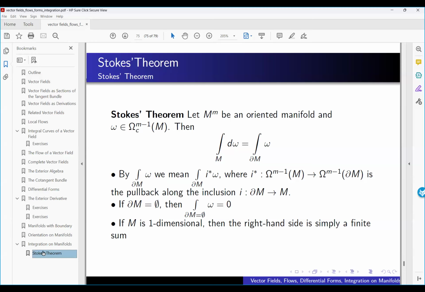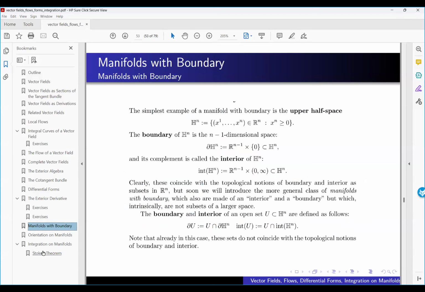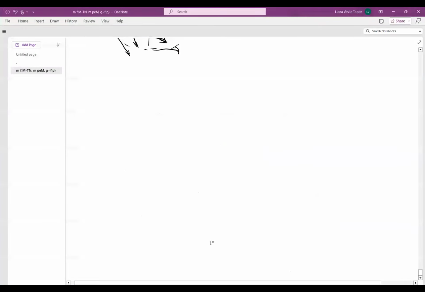Now, what is a manifold with boundary? Let me explain it like this. What was a manifold?